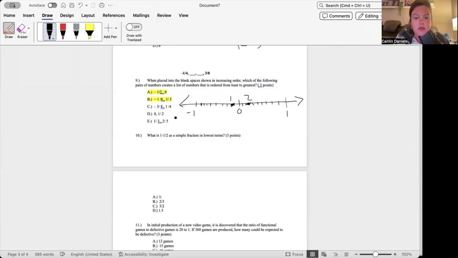C, -3/8 and 1/4. So -3/8 is going to be down here.